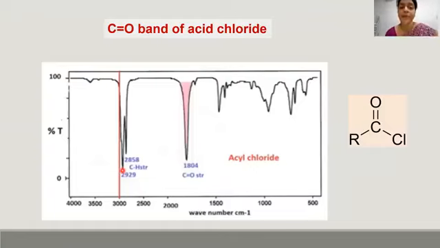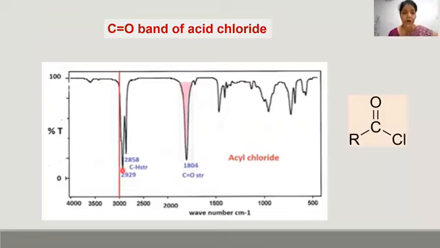The last carbonyl compound is acid chloride. Chlorine is electron withdrawing. Because of its electron withdrawing nature, it increases the double bond character of the carbon oxygen bond, and as the double bond character increases, the force constant increases, so the carbonyl absorption shifts to a higher value.